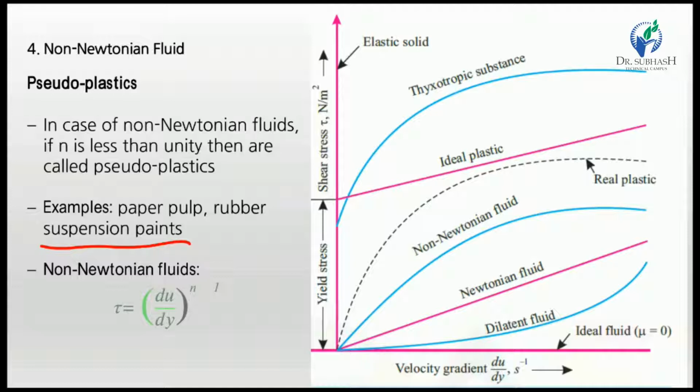So in this equation, the value of n is less than unity, less than 1. So the fluid is pseudoplastic. Here n is nothing but the slope value, and the slope value is less than 1. So the fluid is pseudoplastic. This line represents the pseudoplastic fluid in this graph. Okay.